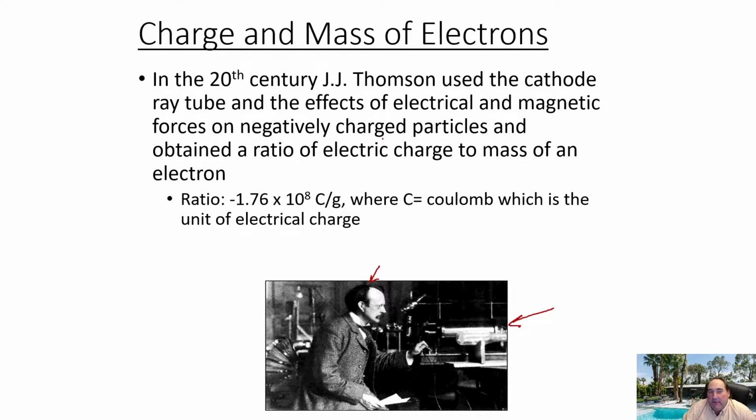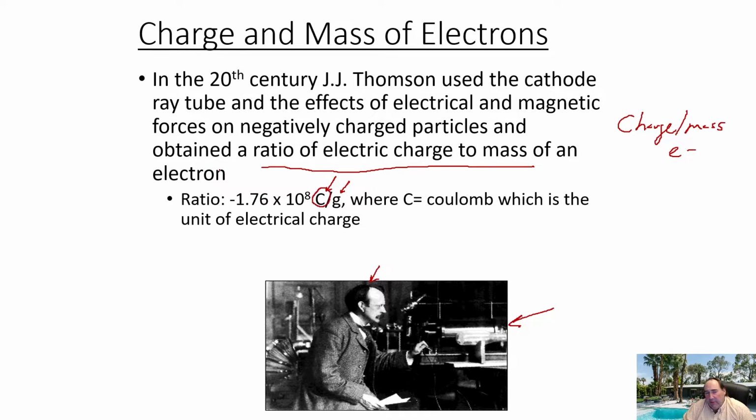J.J. Thomson used the cathode ray tube and did a number of experiments. And what he was able to get out of his experiments was the ratio of the electrical charge to mass. So he was able to figure out the charge to mass of an electron. The value there was minus 1.76 times 10 to the 8 C, a coulomb, which is a unit of electrical charge, per gram.